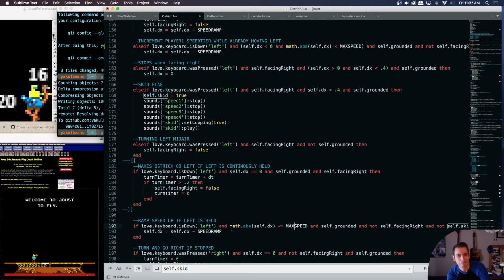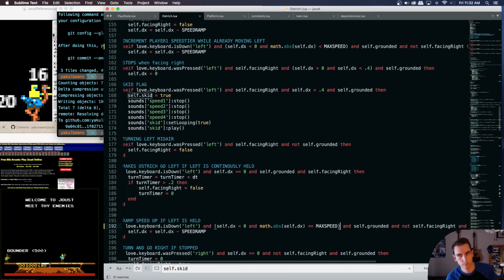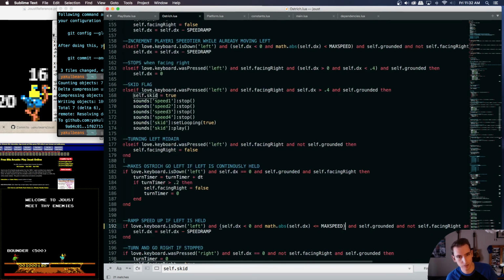Make sure our self.dx is smaller than 0 and our absolute value is not greater than max speed. And then, and not self.skid.